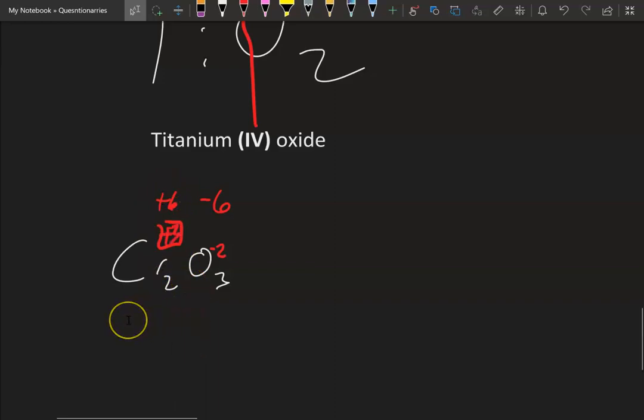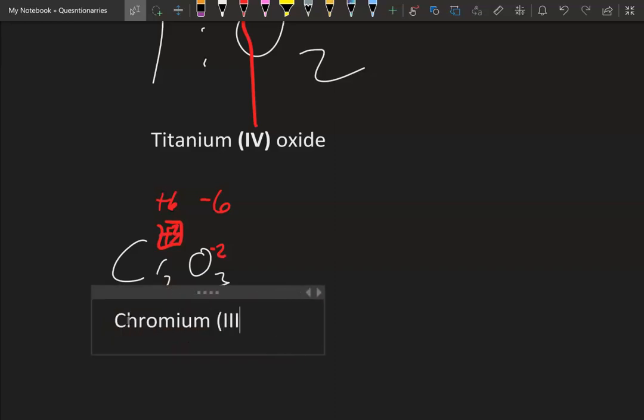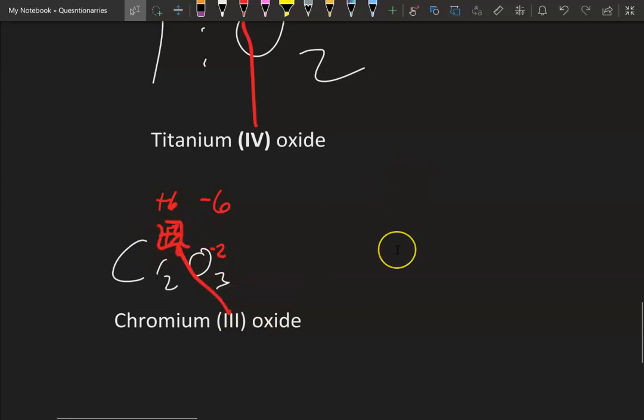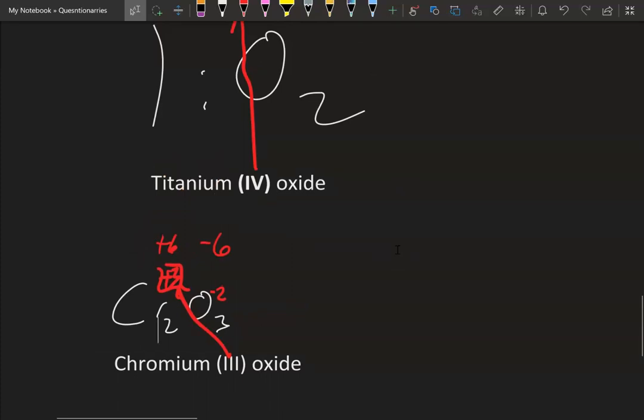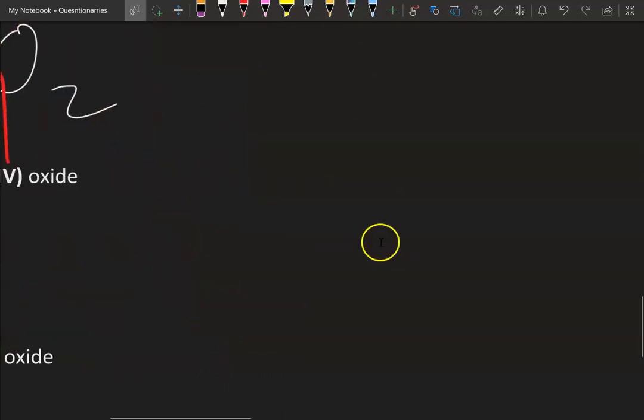The name for this would be chromium 3 oxide. Again, this 3 is established from the oxidation state that you determined. Whatever's in that box that you're filling in is what you put in parentheses. That's going to be the same pattern throughout everything that you do in terms of transition metals.